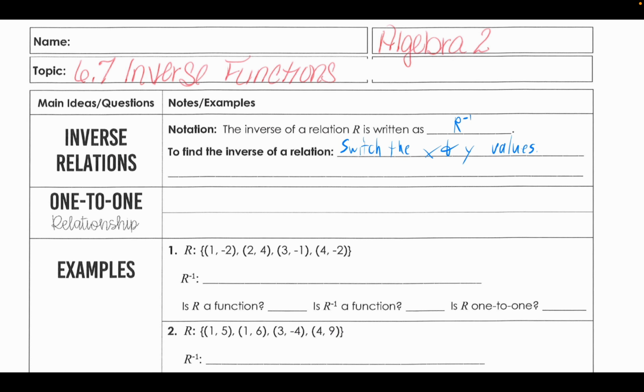And so what we are going to be looking for today specifically is a one-to-one relationship. We're going to be analyzing whether or not functions and relations have a one-to-one relationship.